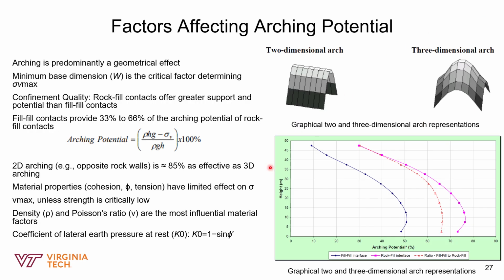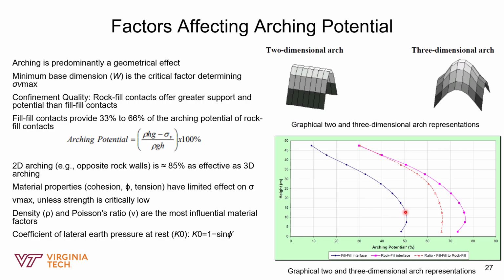Now let's look at the contact interface. With this, we want to show that the quality of the walls matters. Looking at the graph at the bottom, we have a pink line representing the rock fill interface and a blue line representing the fill interface. The pink line stays higher, meaning it has better arching potential. Generally rock walls are stiff and they provide excellent support.